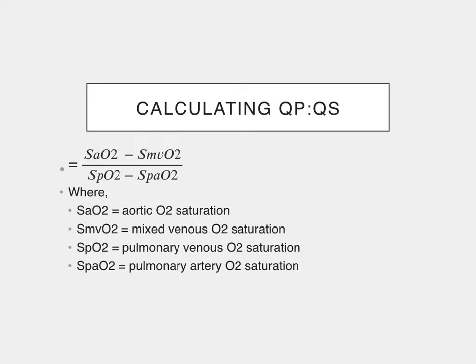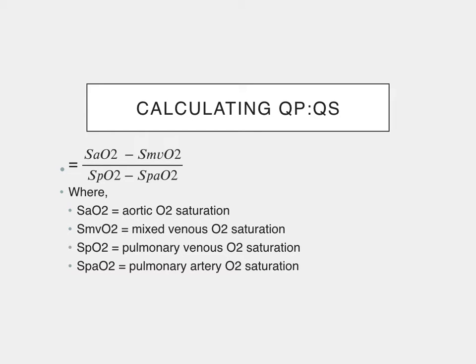It gives you an overall big picture idea of what the ratio of blood flow is, but it's not the most precise measure. More precise would be by echocardiography at the discretion of your cardiologist, and then most accurate would be in the cardiac cath lab, where blood can actually be sampled from each of these components in order to obtain precise values for each of them.